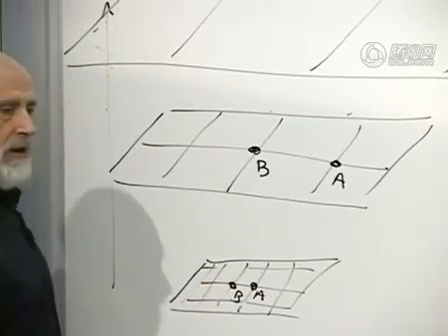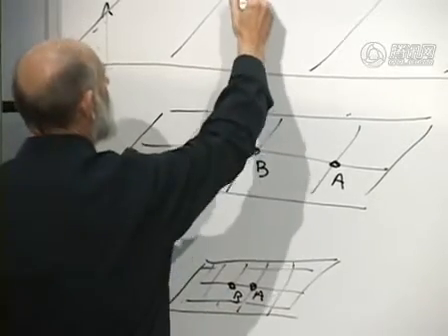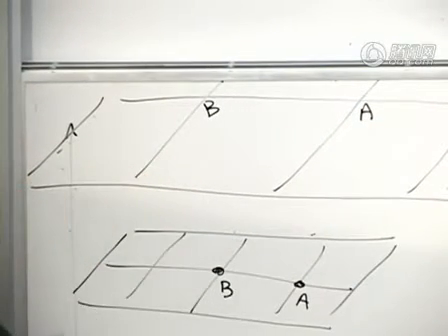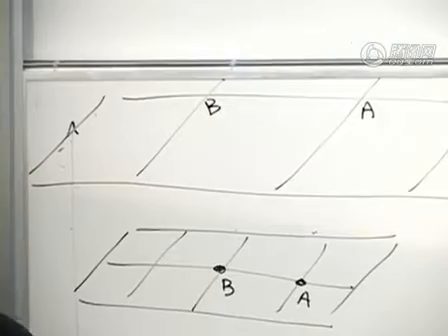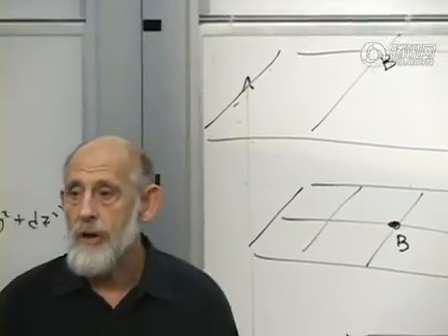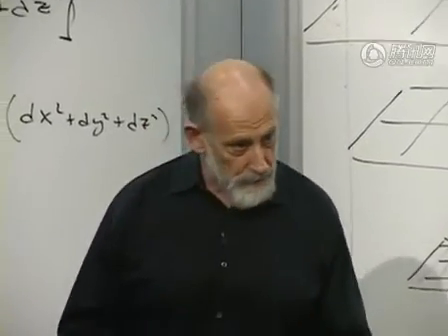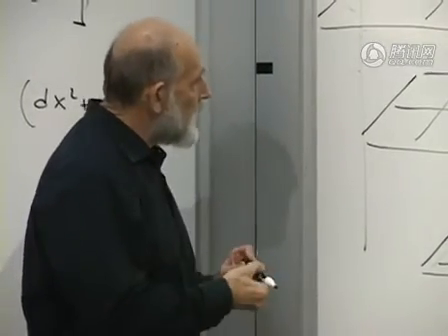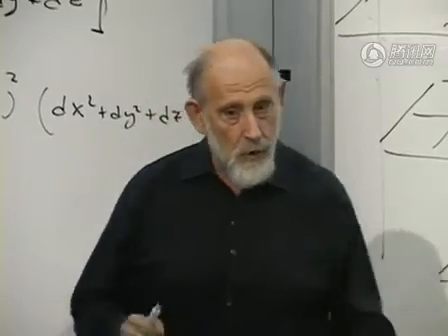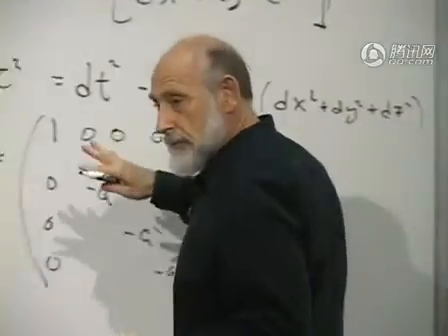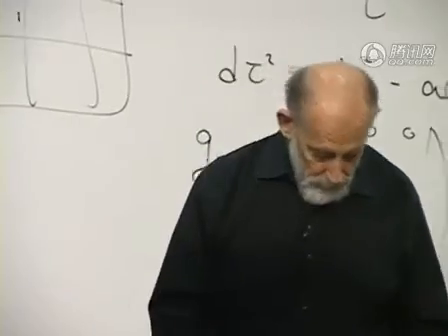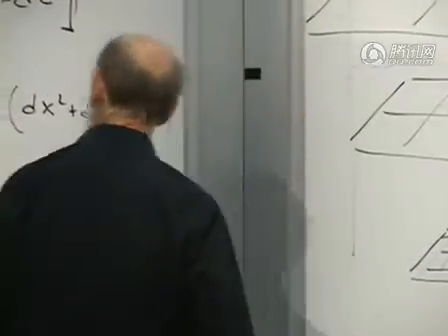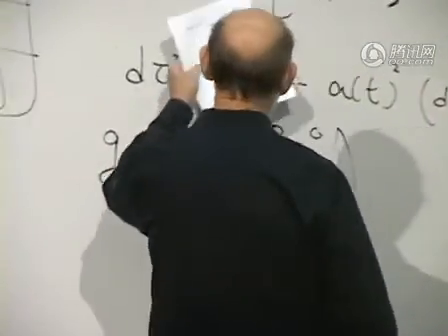Increasing units of meters, but a fixed distance apart in terms of the coordinates that we're assigning. This is the way we're assigning coordinates, in such a way that each galaxy has the same coordinate value throughout the history of the evolution. Okay, so this picture goes with this metric.